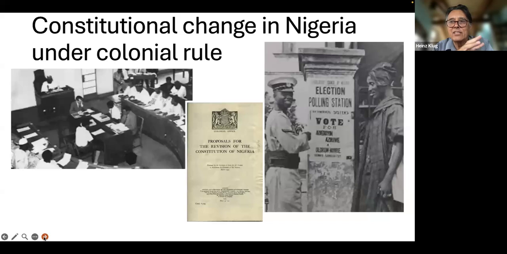However, the way the conference and the organization was structured was to ensure that the majority of the people in the room were not independently elected or from the nationalist movement. In fact, Dr. Azikiwe, the leader of the nationalist movement, boycotts these processes because the people sitting in the room are chiefs that have been recognized by the colonial powers and are cooperating to a certain degree, although often they do in fact suggest certain things be put in those constitutions.